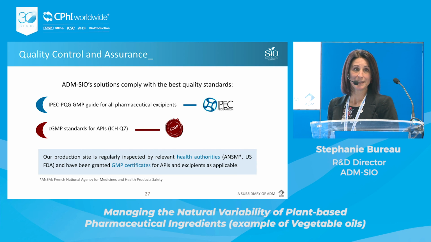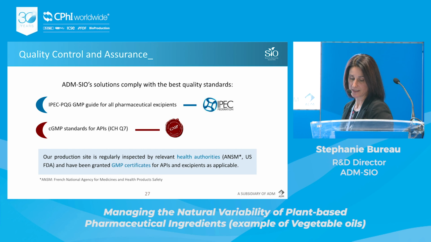So as an API manufacturer, we have a strong pharma culture, and we are well aware of the specific requirements of the pharma industry. Our active ingredients and excipients are produced by trained and experienced employees. We operate in line with the required GMP standards, IPEC for excipients and ICH Q7 for APIs.